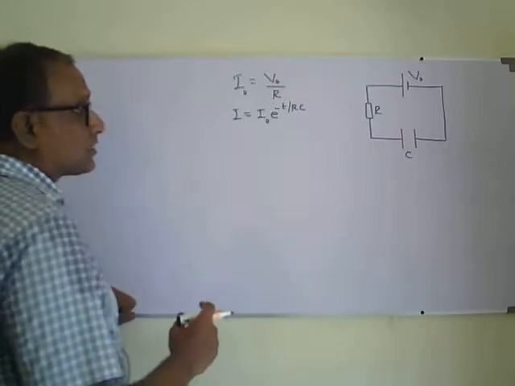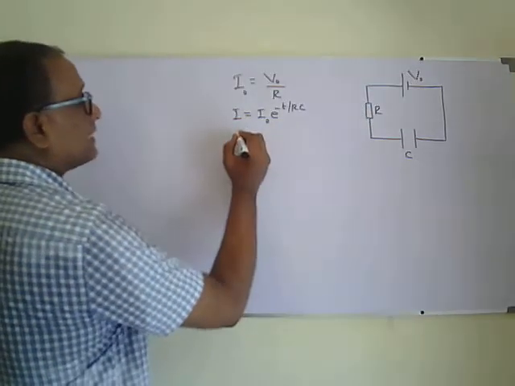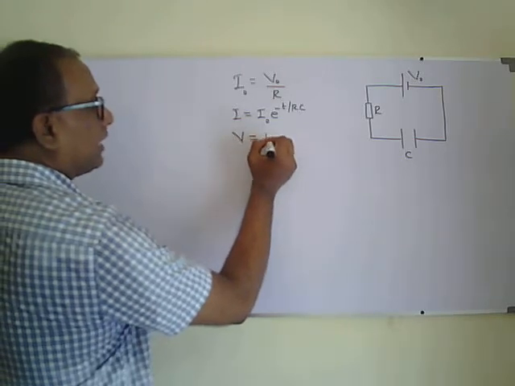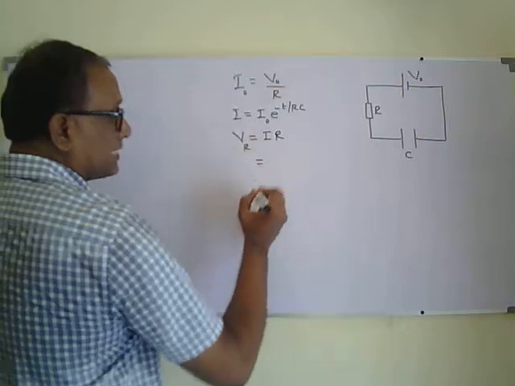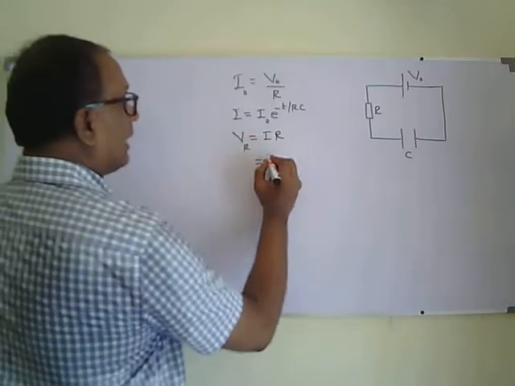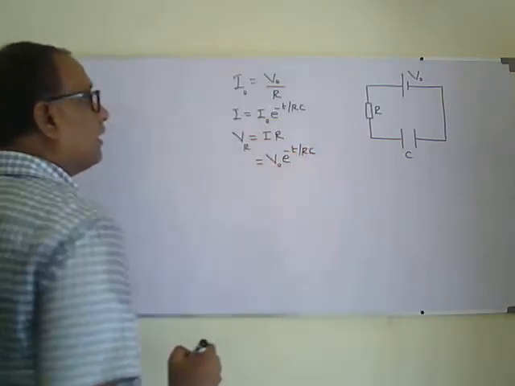The voltage across the resistor at any instant is given by V equals IR. So the voltage across the resistor also will decrease exponentially according to V naught e to the power minus t over RC.